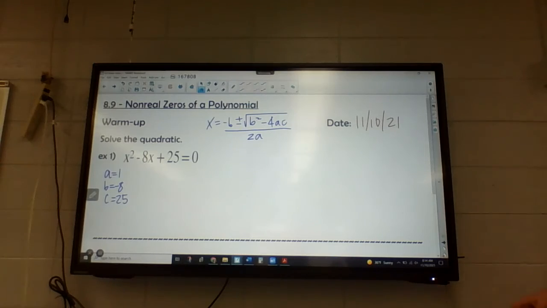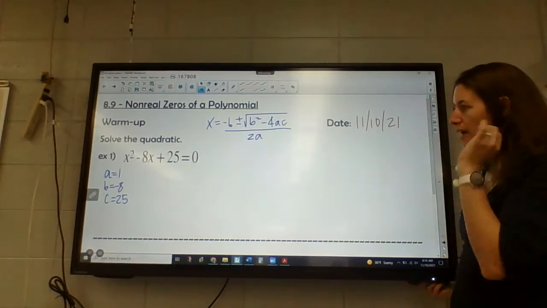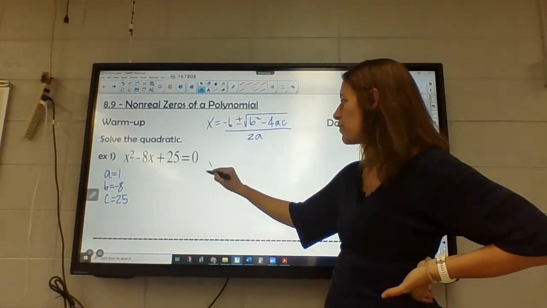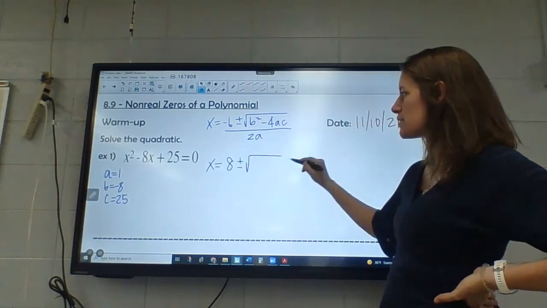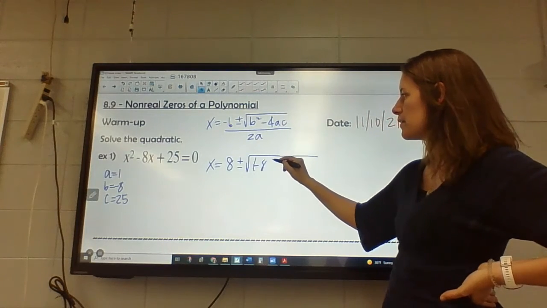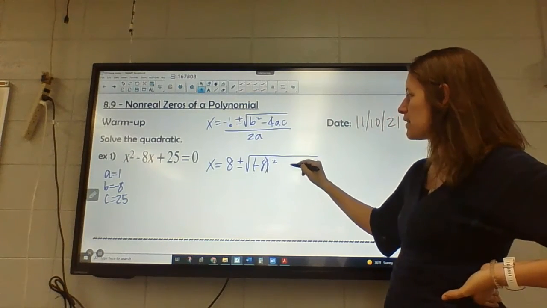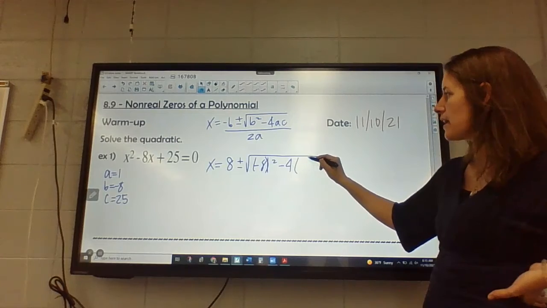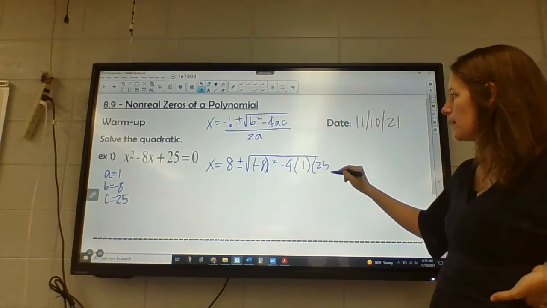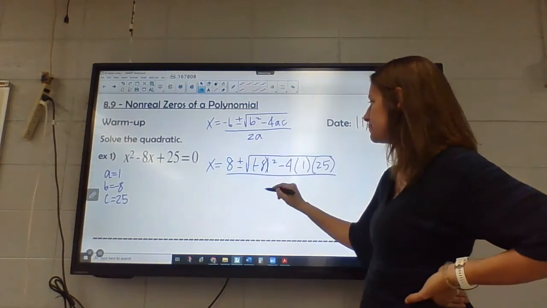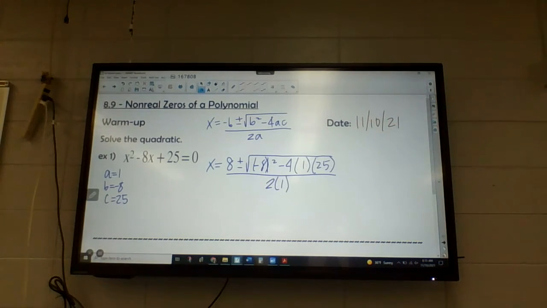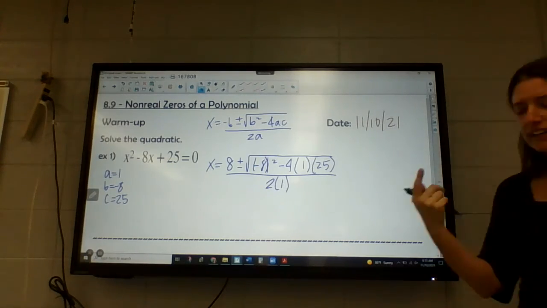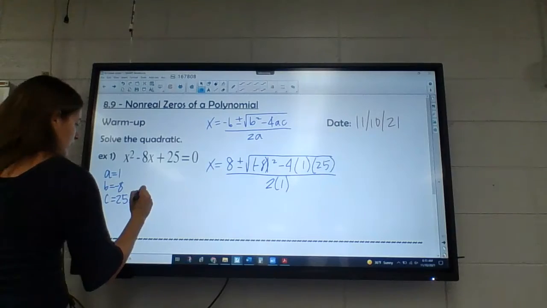We can move on. Alright, so quadratic formula. So our A, B, and C, we're going to put all that into our formula. Opposite of B, plus or minus the square root of B squared minus 4 times A times C, all over 2 times A. So when we go to now square negative 8, it's going to be 64.